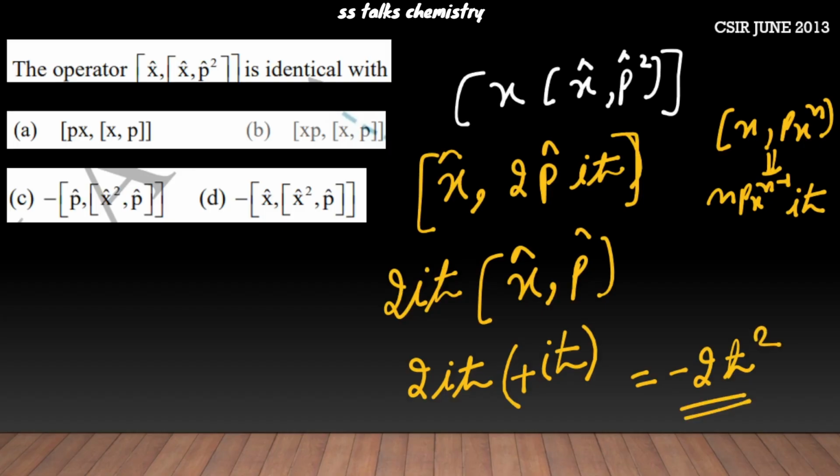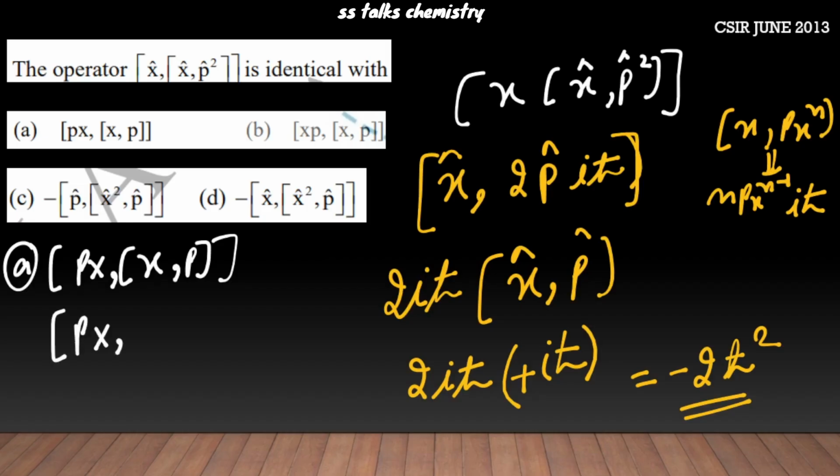Now based upon this, we have to check for the other ones also. So the first one given is the commutator of px and the commutator of x and p. This x and p, firstly we will be solving. It will be iota times h cut. Now this is a commutator with a constant, so it is going to come out to be 0, because this is my constant.